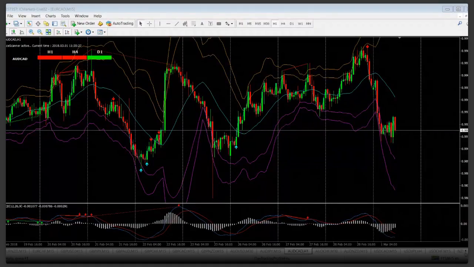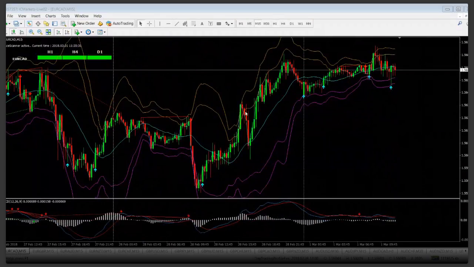That Aussie CAD trade is not really doing much. The Euro CAD, similar. Very quiet so far.